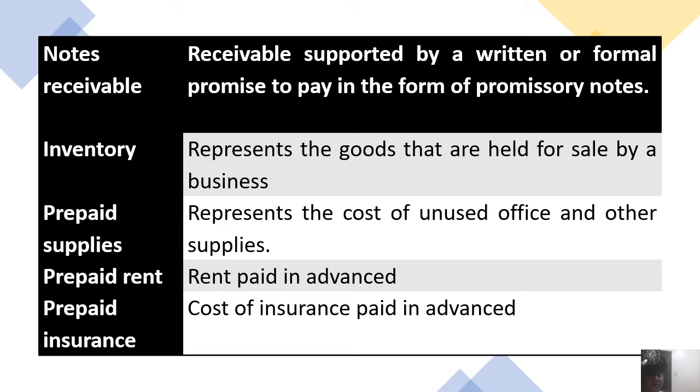Another prepaid item is yung insurance din. Pwede ka ring magkaroon ng prepaid insurance. Cost of insurance paid in advance. So, halos lahat naman ng expense na binayaran mo in advance, pwede siyang maging prepaid. Ito yung insurance premium na binayaran mo in advance.